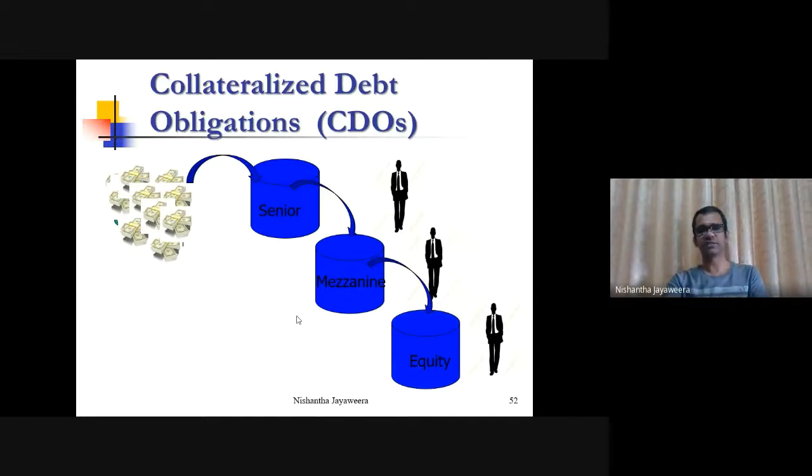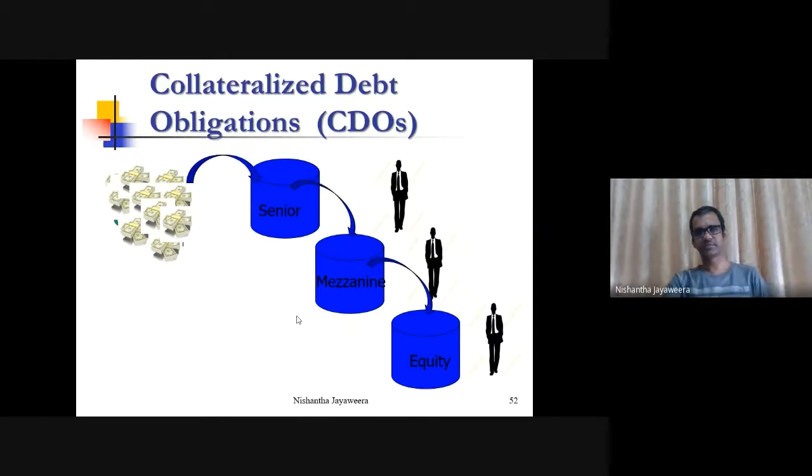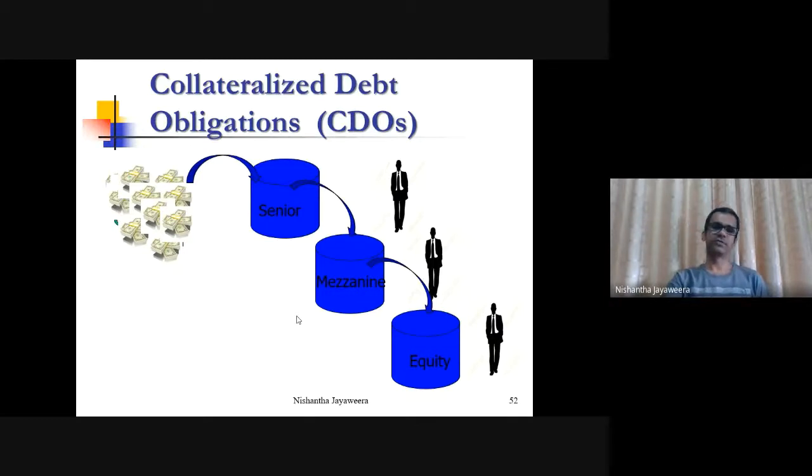That's why we call this a waterfall structure. Like in a waterfall, the cash flow flows from top to bottom. Say this month 1 billion is to be paid for the senior tranche. The cash flow should be more than 1 billion.